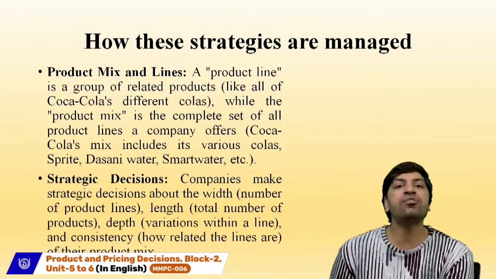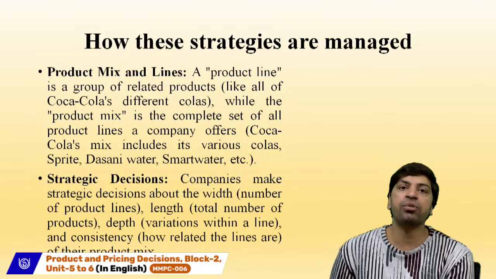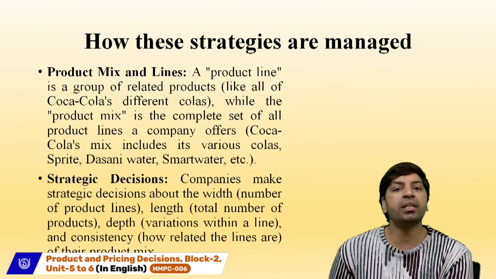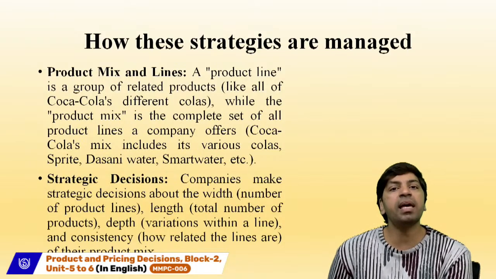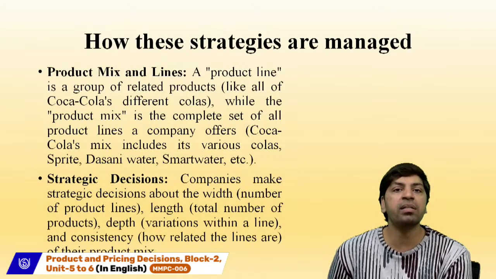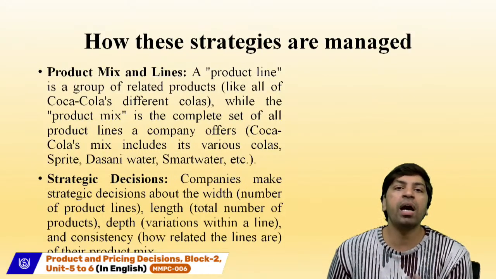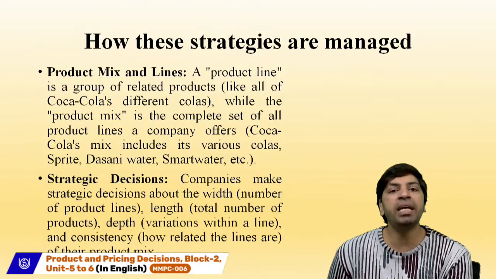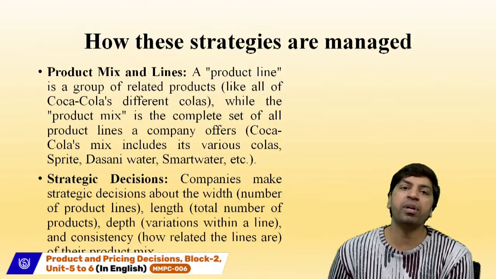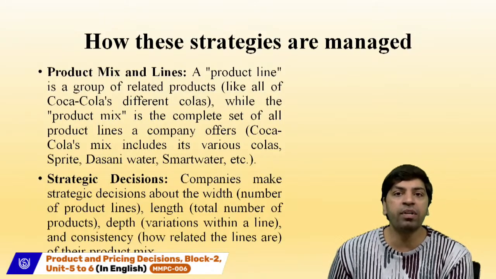How are these strategies managed? Through taking strategic decisions. A product line is a group of related products, like all of Coca-Cola's different colas, while the product mix is the complete set of all the product lines a company offers.